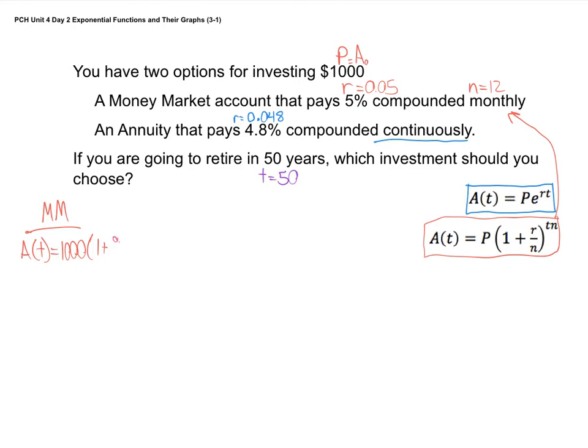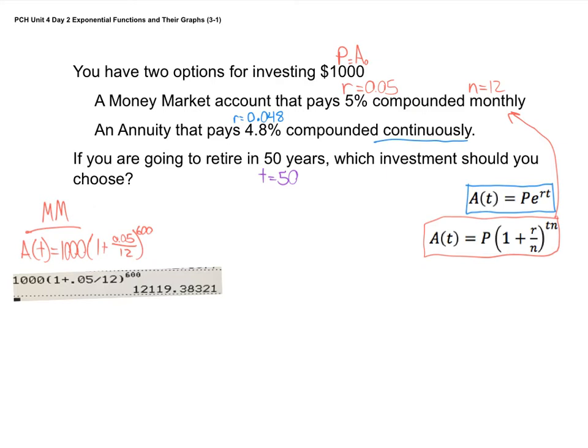So it's 5% per year, so we need to divide it by 12 to convert that into a monthly interest rate. But then we also need to convert our time into the number of months. So 50 times 12, 5 times 12 is 60, so this is going to be 600 months over 50 years.